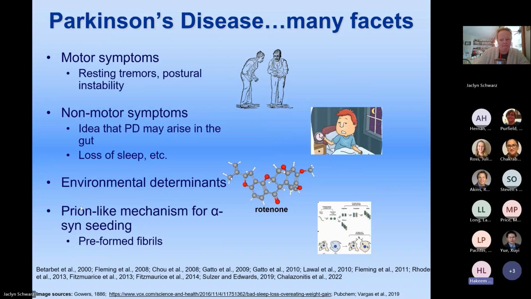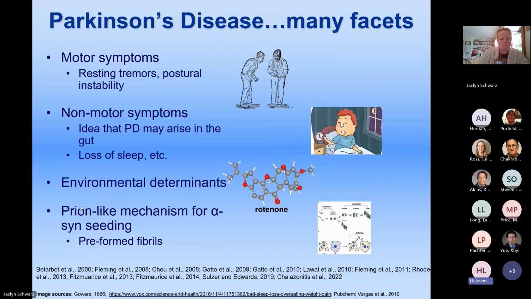However, there's a whole other world of symptoms that we call non-motor symptoms that are just as important. In fact, in the past decade or two, they've emerged as key drivers of Parkinson's, so much so that many efforts to develop diagnostics have focused on this because they occur sometimes decades before the motor symptoms emerge.